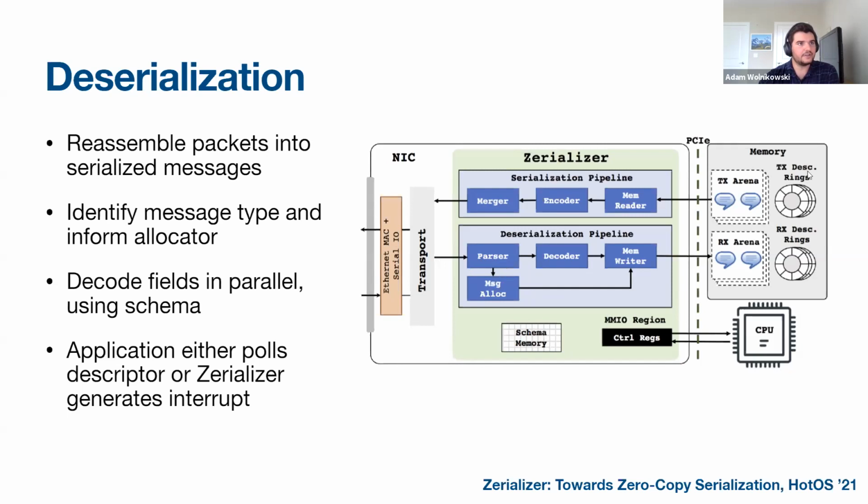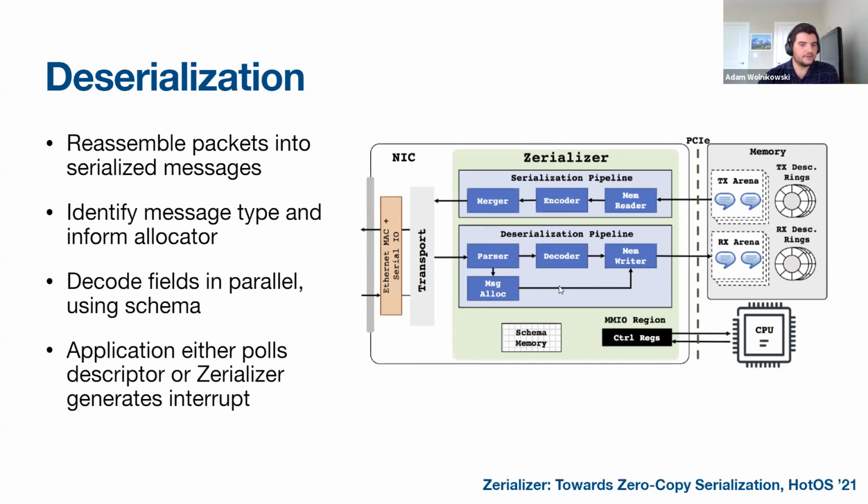On serialization, the application manages memory and transmits that to the Zerializer with MMIO writes. But here, of course, the Zerializer is ingesting the new messages and has to do the memory management itself. So the parser informs the allocator, which then allocates an object in the receive arena according to the schema and the message format.